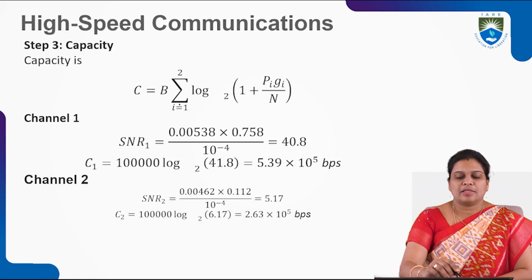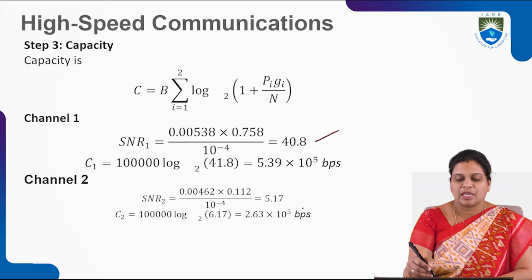Next one, capacity. Based on the bandwidth, you can find the capacity. C equal to B, summation of i equal to 1 to 2, log base 2 of 1 plus P_i G_i by N. Already we know channel 1 and channel 2. For channel 1, SNR 1 equal to 0.758 by 10 power minus 1, that is 40.8. Similarly, we find SNR 2 also.